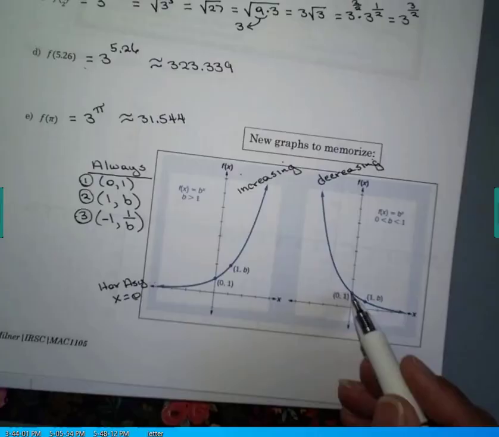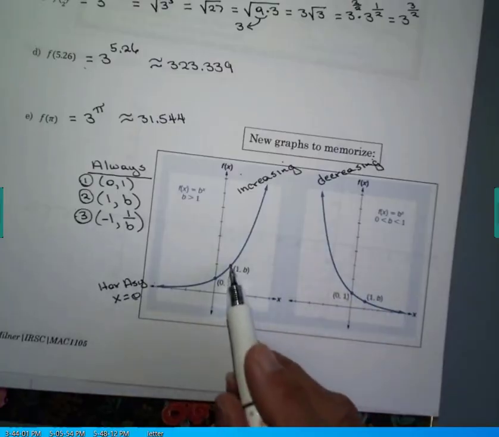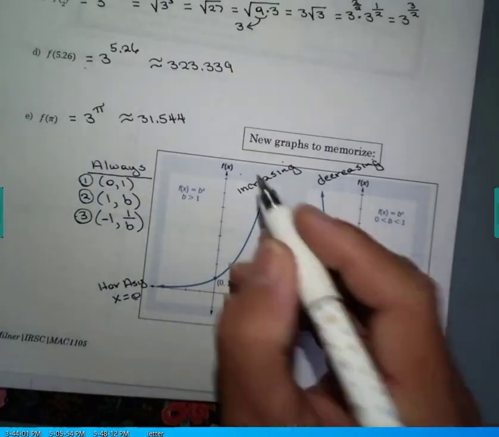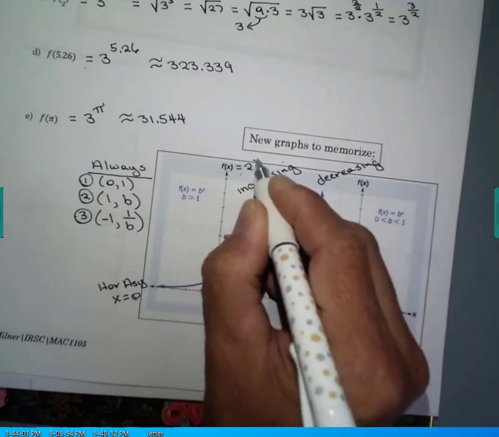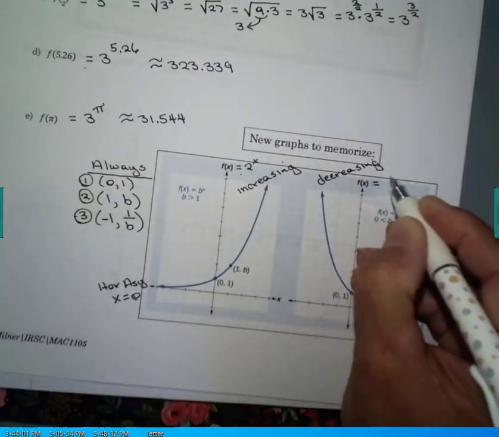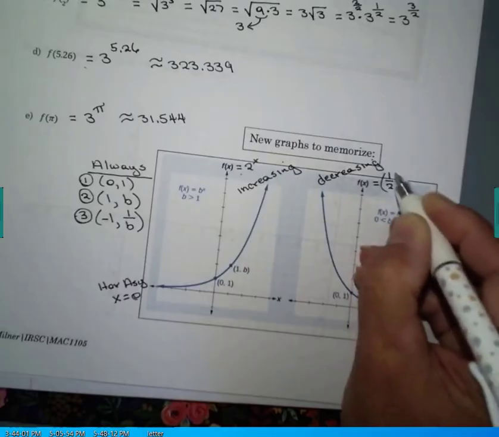Look at what we've got. We've got 0, 1 in both of them. We've got 1 divided by b, and we usually look at this as the parent function being 2 to the power of x. And so this one would be equal to 1/2 to the power of x. Good examples for us to look at.